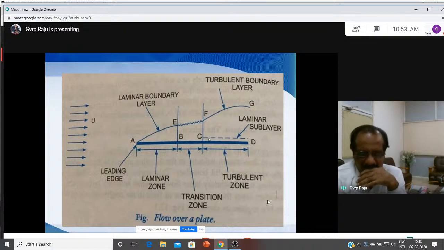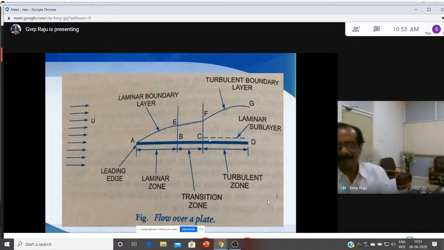So the laminar sublayer is a layer very close to the solid body, formed in the turbulent boundary layer, and the flow in it is laminar. In a slight thickness, if you see the dotted lines here, the flow is laminar even though the total layer is turbulent, and that's why it is called the laminar sublayer.